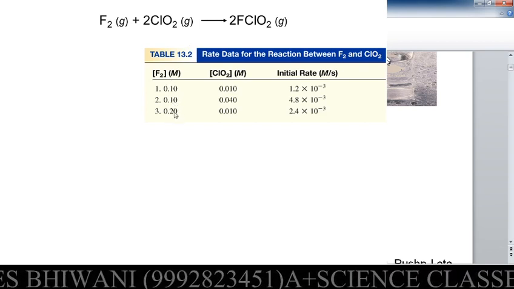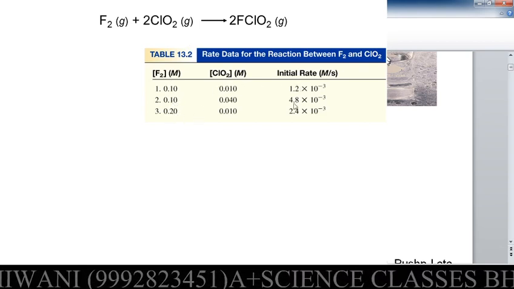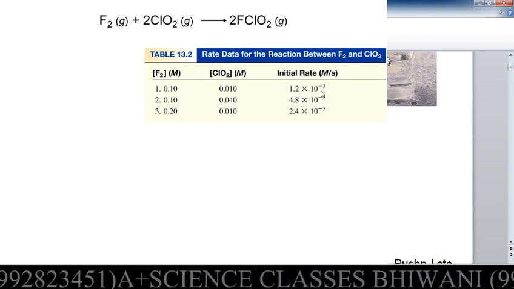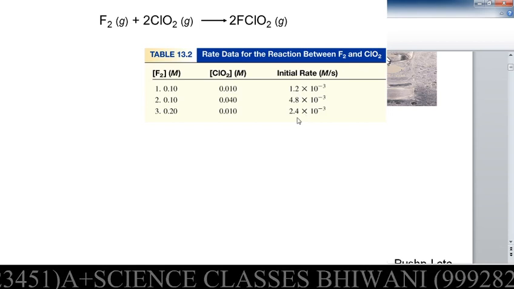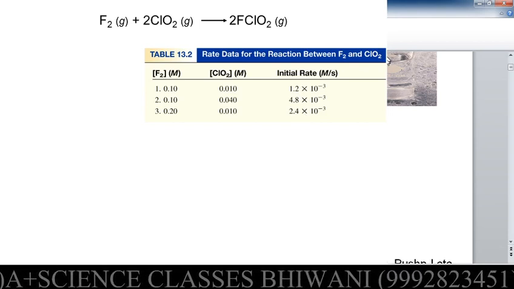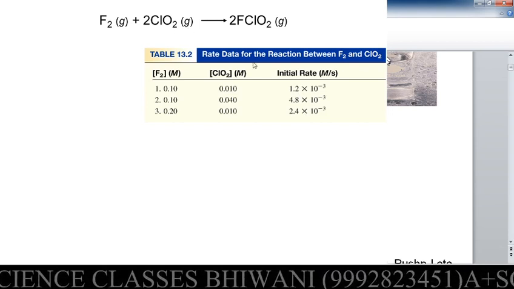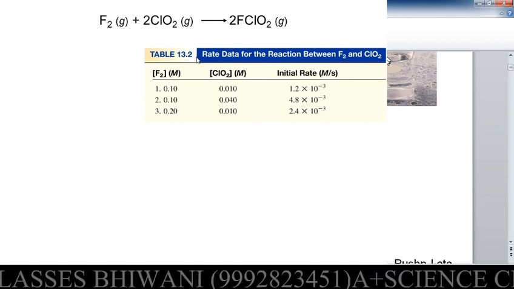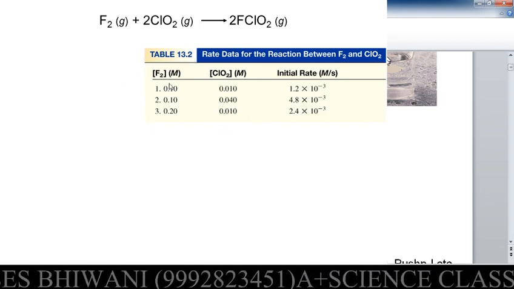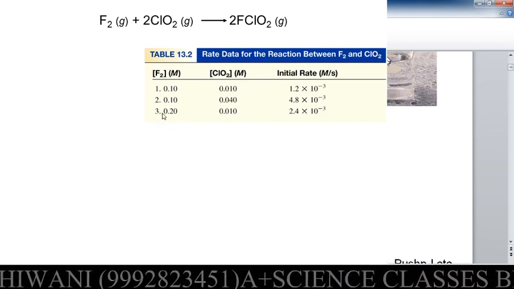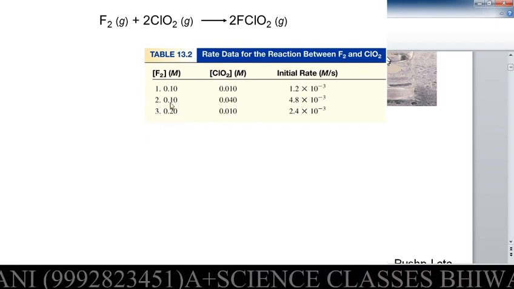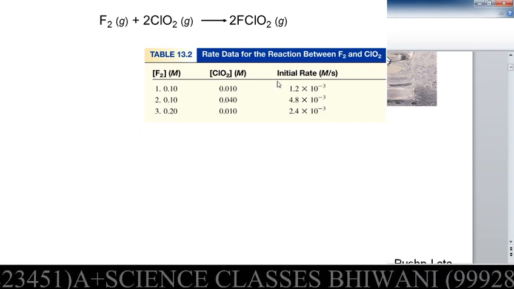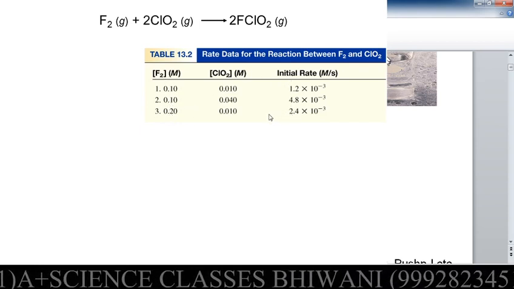Twice the concentration means the rate is also twice, from 1.2 × 10^-3 to 2.4 × 10^-3. Again you can say that whenever we take chlorate as a constant concentration, the concentration of fluorine increases. How much? Directly. If it increases twice, the rate of reaction also increases twice.